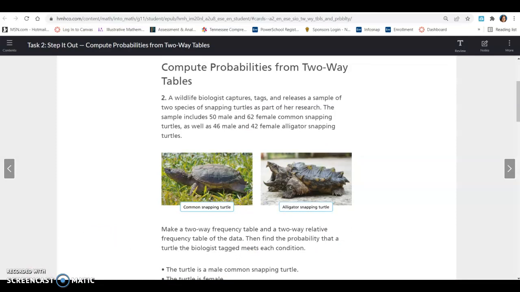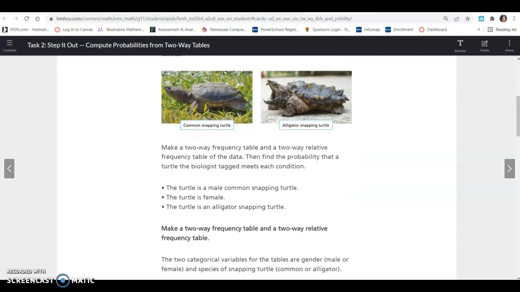Lesson 17.2, Task 2. Compute probabilities from two-way tables. A wildlife biologist captures, tags, and releases a sample of 2 species of snapping turtles as part of her research. The sample includes 50 male and 62 female common snapping turtles, as well as 46 male and 42 female alligator snapping turtles.